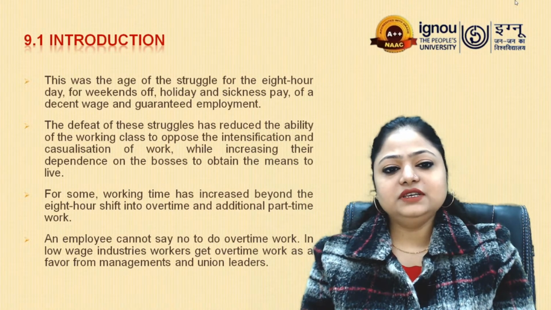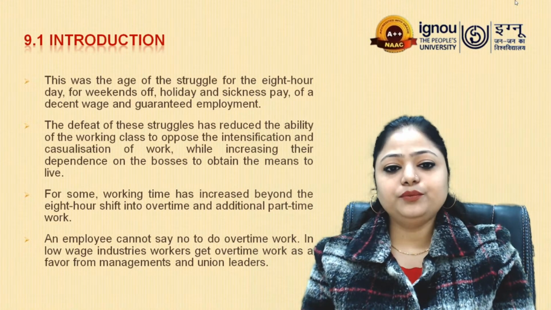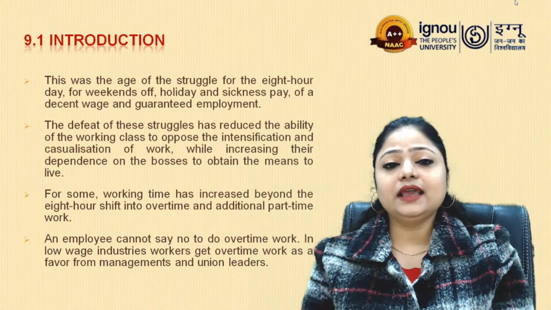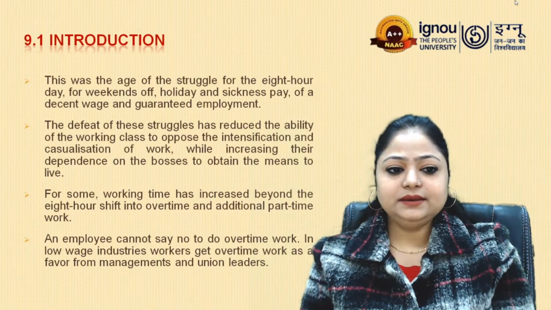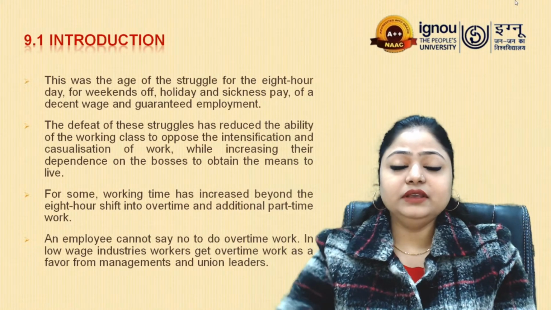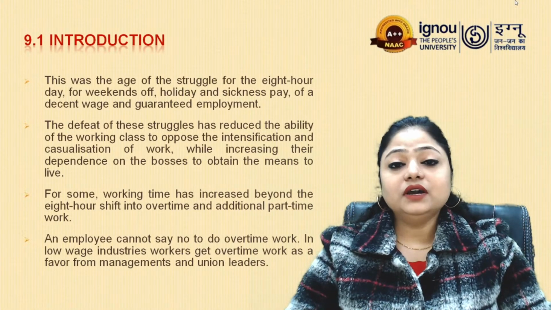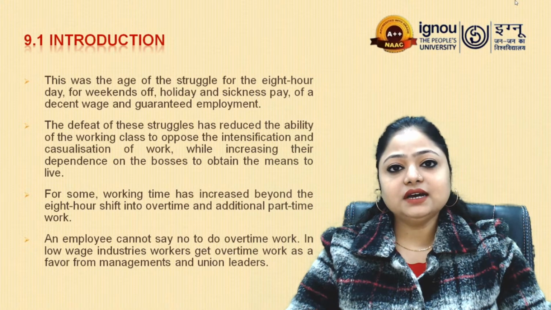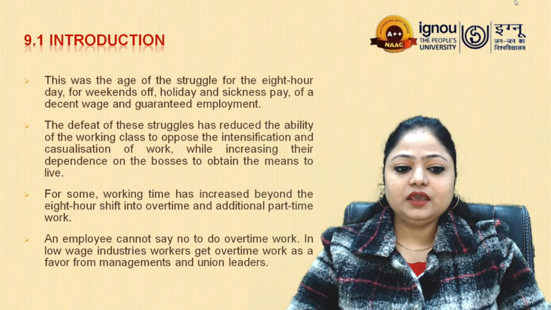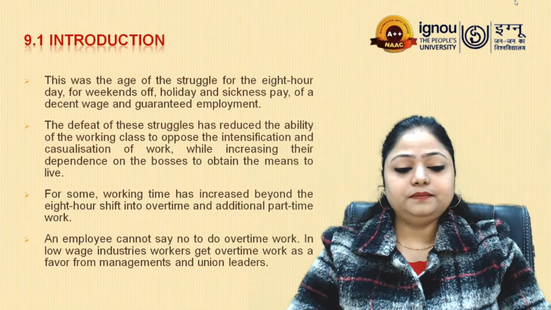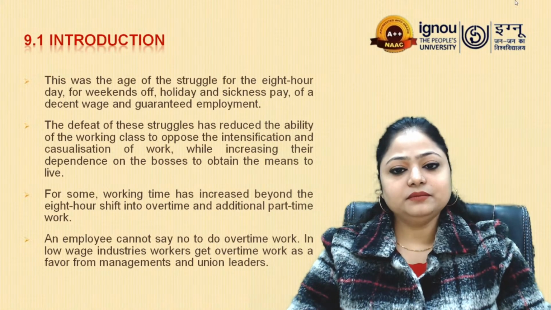The defeat of these struggles has reduced the ability of the working class to oppose an intensification and casualization of work, while increasing their dependence on the bosses to obtain the means to live. For some employees, the working time has increased beyond the 8-hour shift into overtime and additional part-time work, and employees couldn't say no to the overtime.